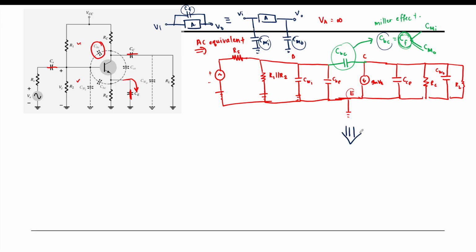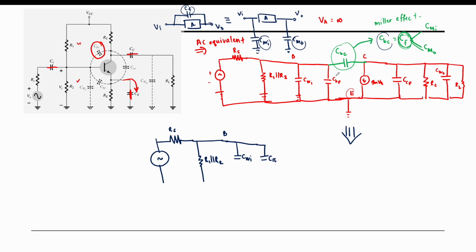So we can redraw our AC equivalent as follows. This is our RS, this is our R1 parallel with R2, and this is our base collector junction, which is our CWI. Then this is our C pi.